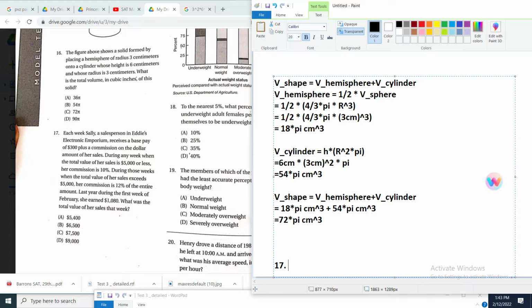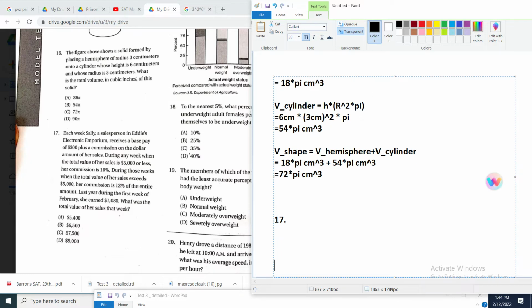During any week when the total value of her sales is 5,000 or less, her commission is 10%, and if it is more than 5,000, then the commission is 12% of the entire amount. They gave us the total earnings for the first week, and they asked us for the sales. That's a very good exercise.